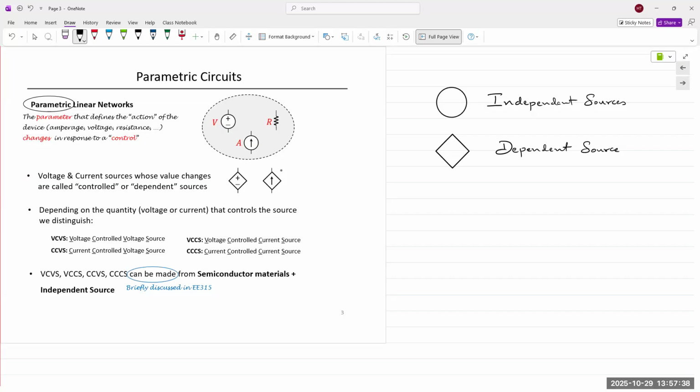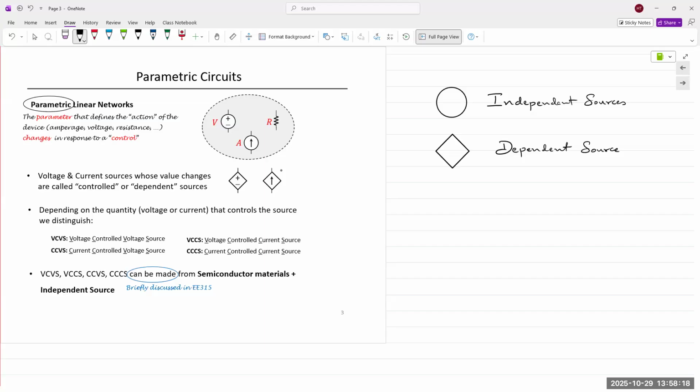So you can have a voltage controlled voltage source or a voltage controlled current source. In that case, it would mean that the source, whether it's voltage or current as the output, is controlled by a voltage in some other part of the system. Let's say we have a circuit and there's a voltage in one part of that circuit, and that voltage controls the output voltage or current in a different part of the circuit.